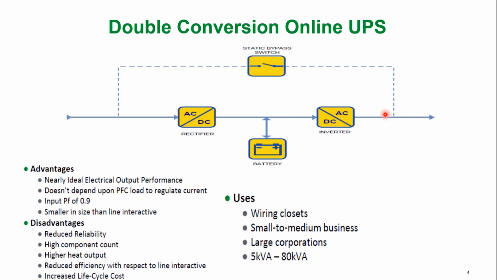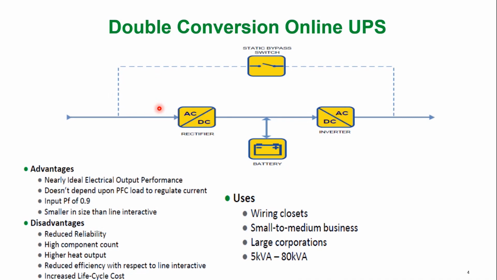All our online UPSs, either it's an APC SRV series UPS or Luminous LD series UPS, are all manufactured on this topology of the UPS. So we can see the two paths here as well. The dark path indicates the UPS is working on the online mode, and I'll tell you what the dotted path indicates in this double conversion online topology.